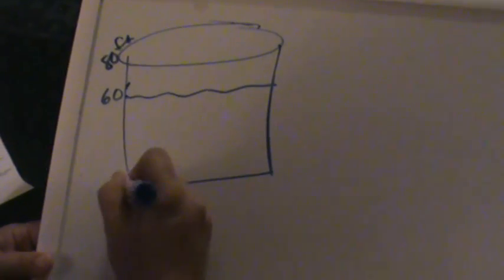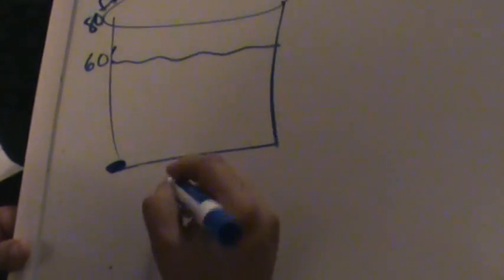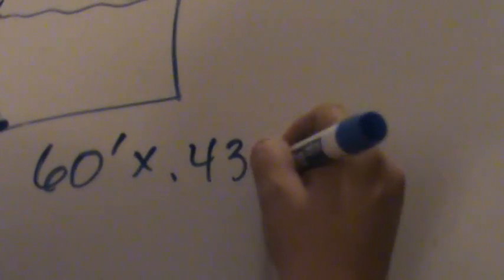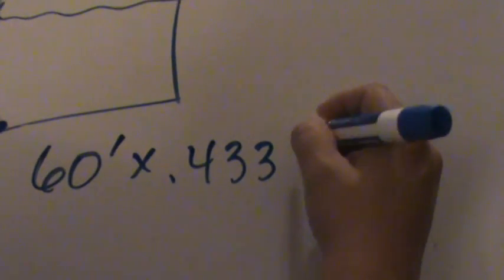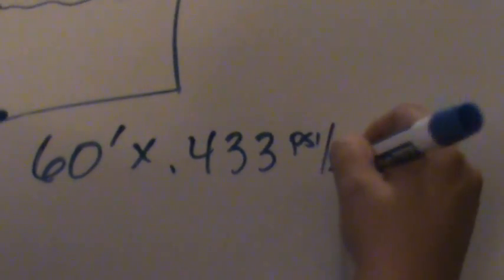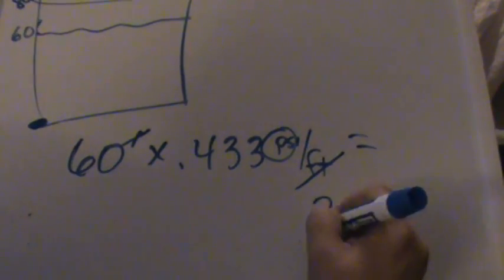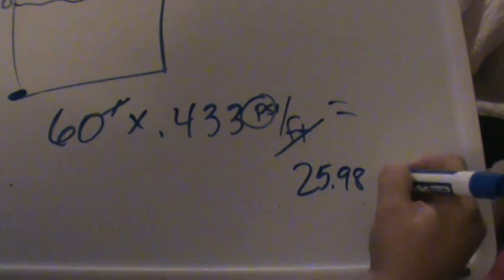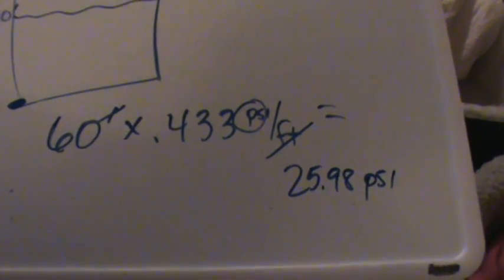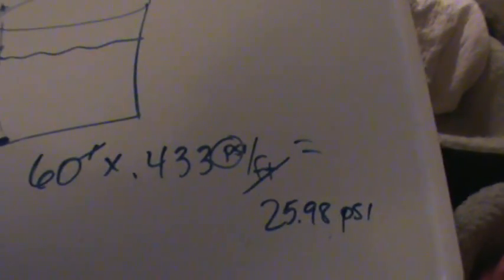If they're giving us feet and they want to know what the psi is at the bottom of the tank, again, we're going to take 60 feet times 0.433 psi per foot. Feet cancel, leaving us with psi. Do the math. Again, it comes to 25.98 psi. Okay, you've just completed lesson 2.